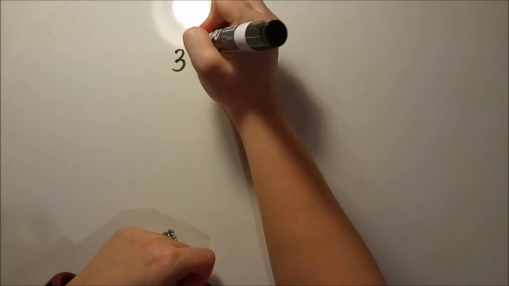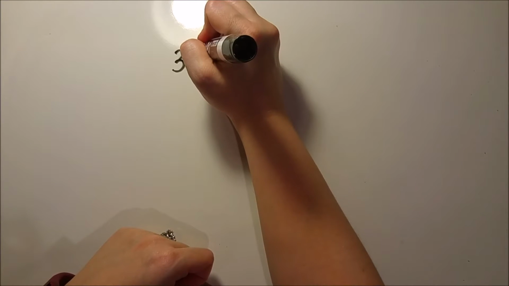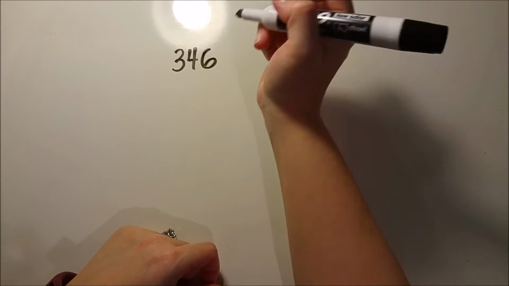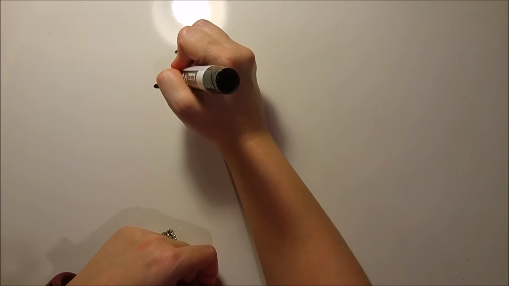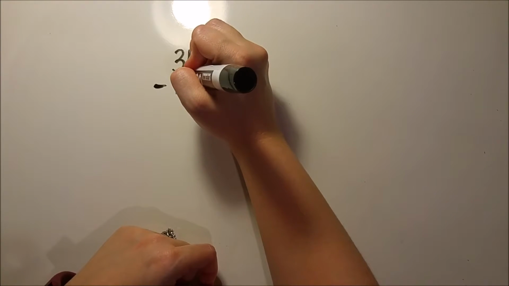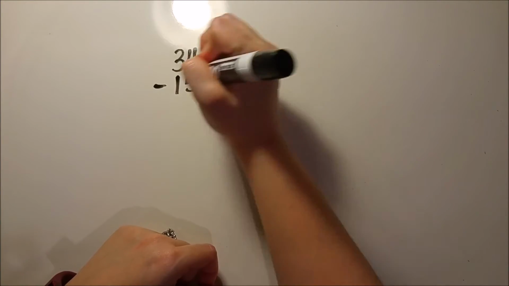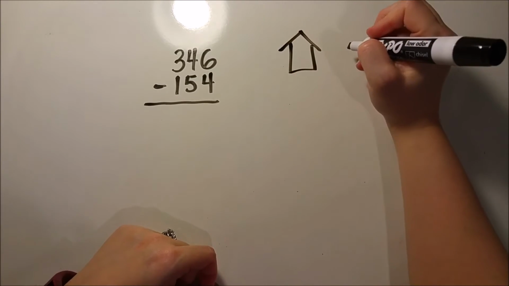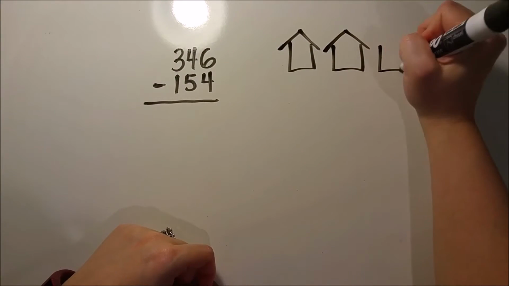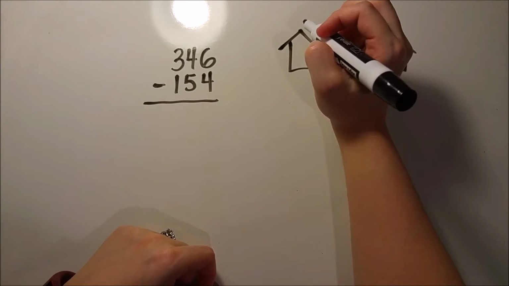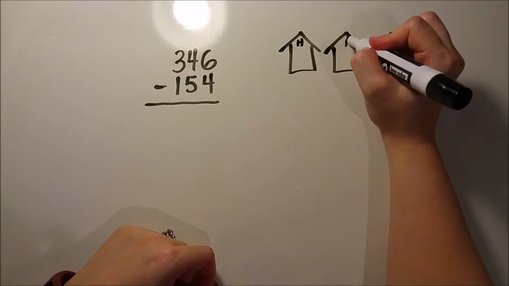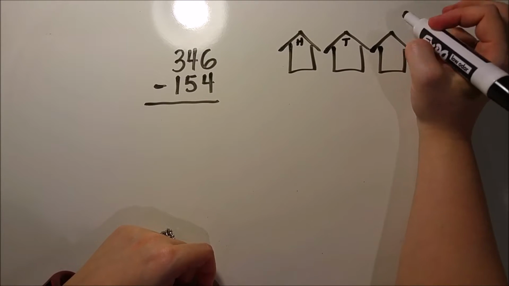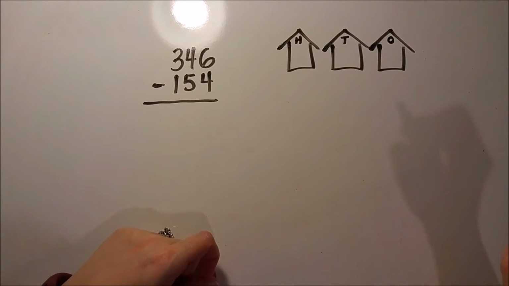So earlier I mentioned hundreds can work the same way, right? So let's do 346 minus 154. Okay, let me put our houses back out here. Okay, we've got our hundreds house, tens house, and our ones house.